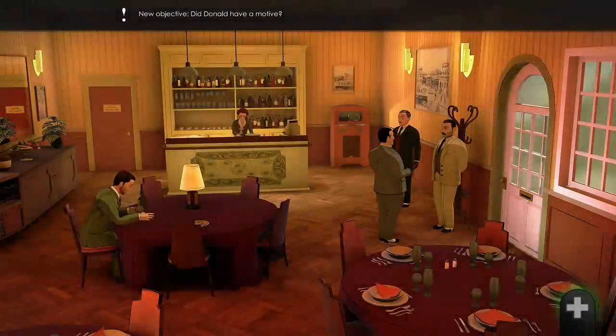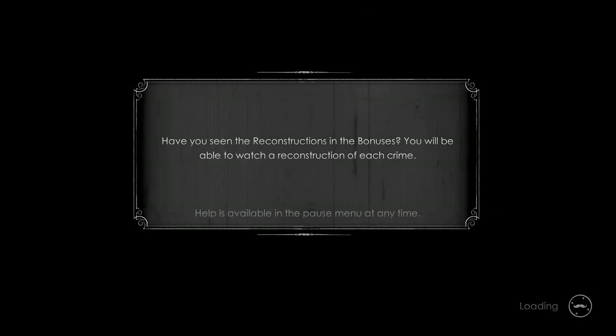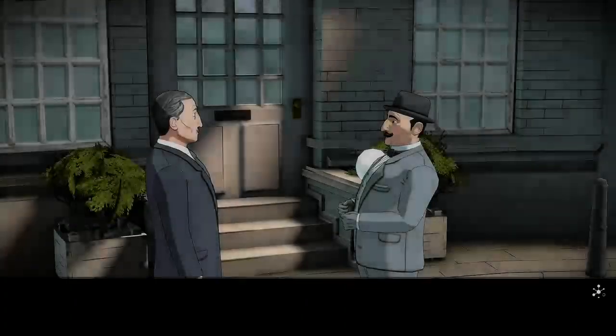So why is that the answer? Could have just said he doesn't have a motive. Alright, we gotta go look at the crime scene again. Why are we gotta go look at the crime scene again? Seriously. Oh, wait, is this where we do the reconstruction?